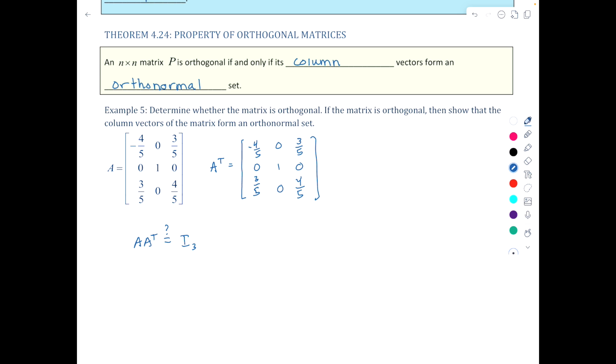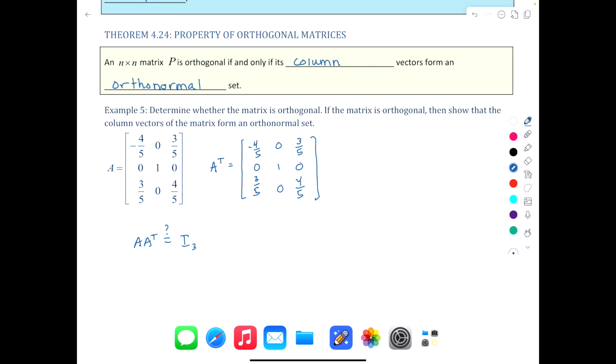So on this one, we can certainly take a look at Octave.